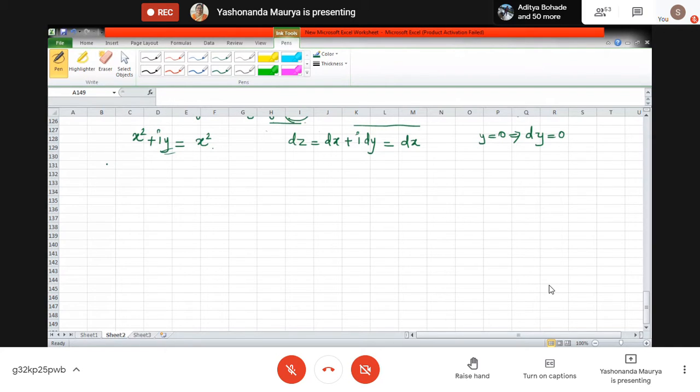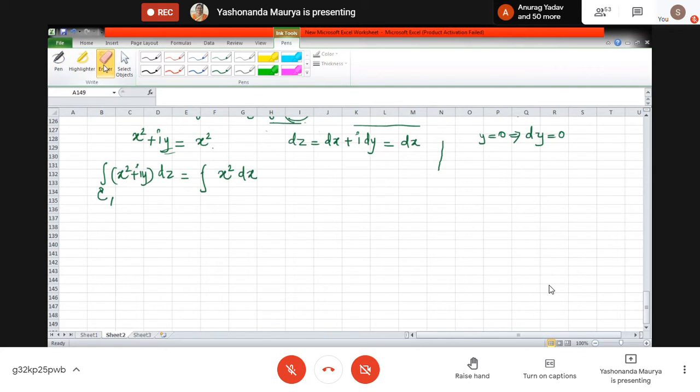Along the curve C1, this integration of the function with dz is nothing but the integration of x square dx, and what are the limits? See the limits we have just written here.